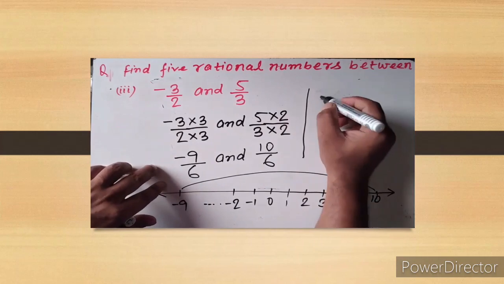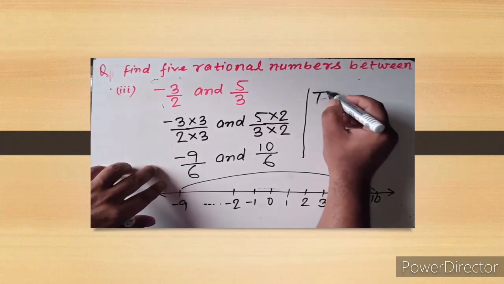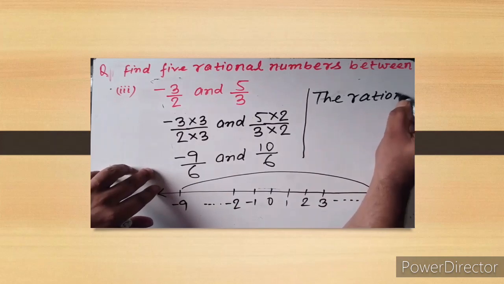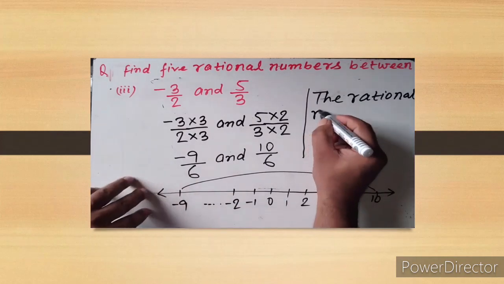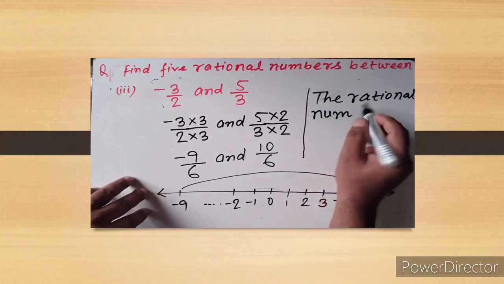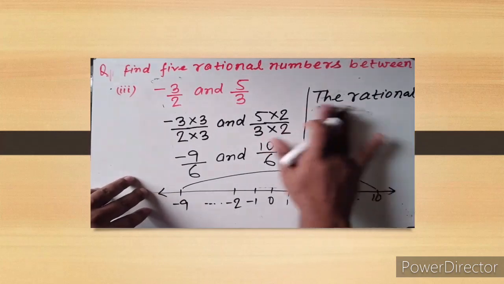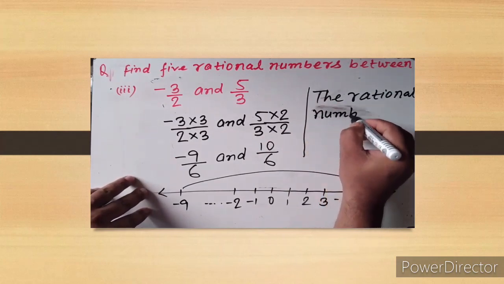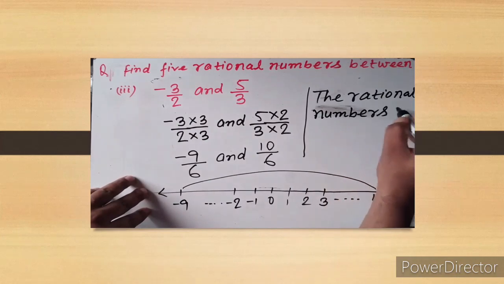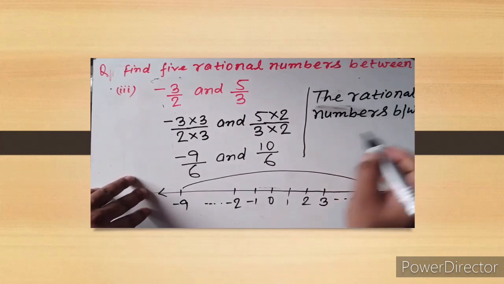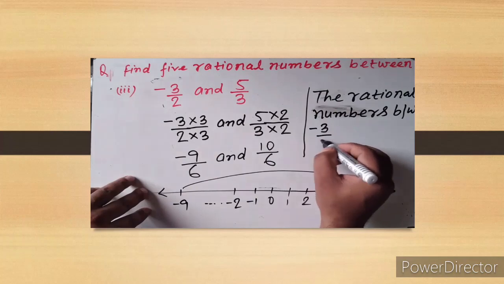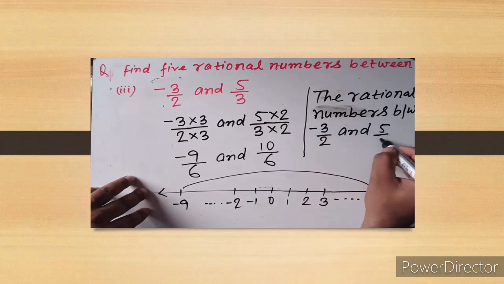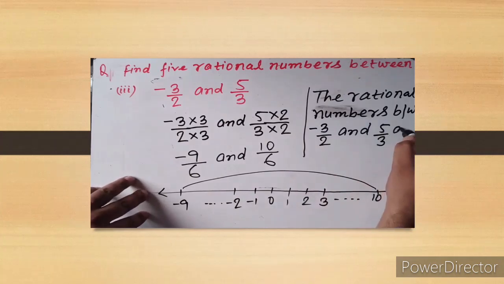First we will write 5 rational numbers between minus 3 by 2 and 5 by 3.